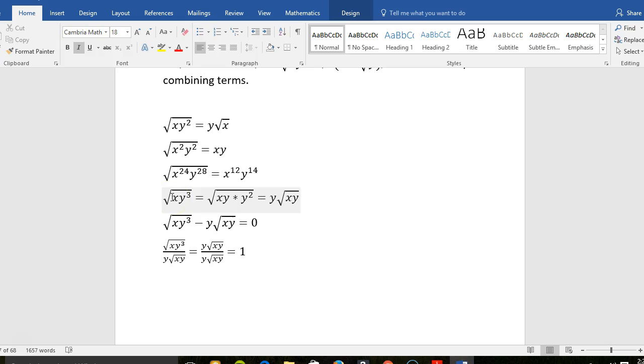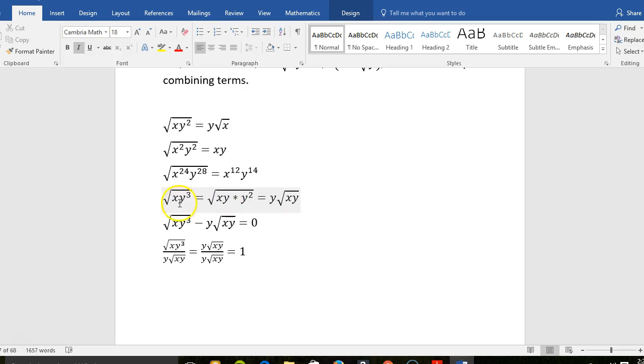Now here's a different one. The square root of xy cubed. How do we deal with that? You want to filter y squared out of it. So you get y squared times xy, or xy times y squared, either way, commutativity. But that y squared comes out as a y, and you get y times the square root of xy.